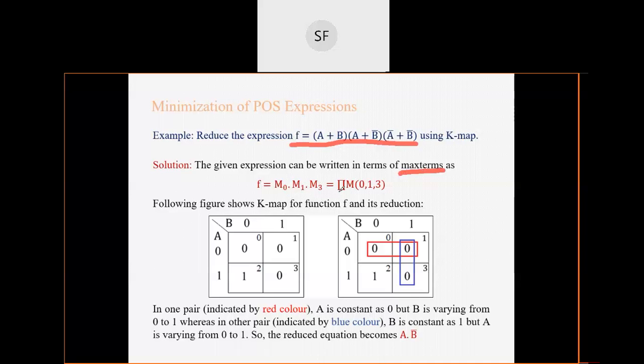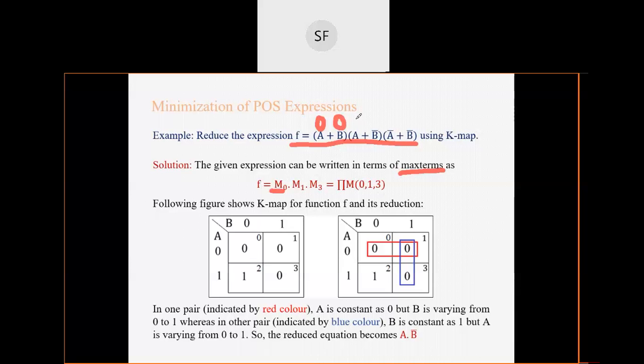Now you have to identify which max terms are present here. How will you identify that? Since it is POS form, the uncomplemented value will be taken as 0. So this term will be 0 0. Okay, so 0 0 is nothing but the first max term, no sorry, the zeroth max term, that is M0.